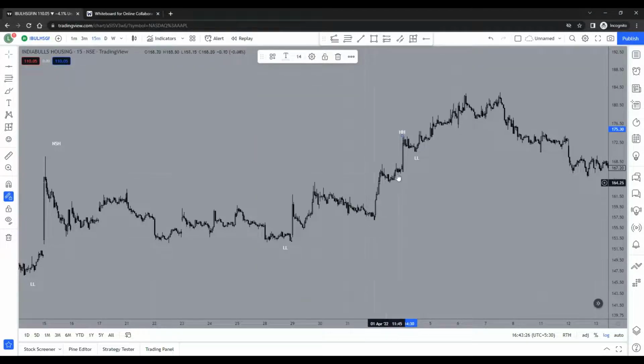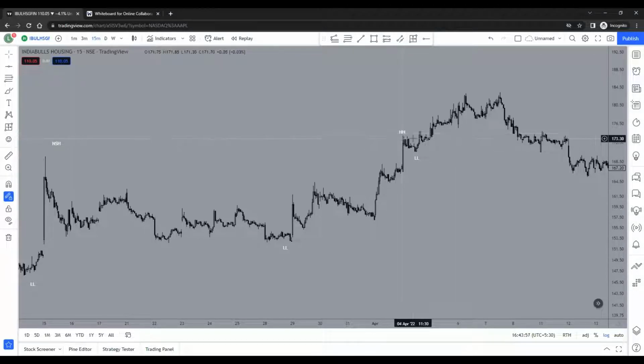See, because new structure high is the first high which will be made once a downtrend changes into an uptrend. So this is already an uptrend from here. This is already an uptrend going on. So we have not made a new structure high. This was not a new structure high, and once this is crossed, we have made a higher high.